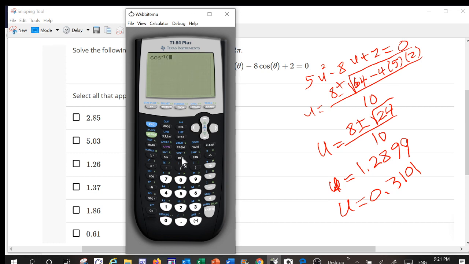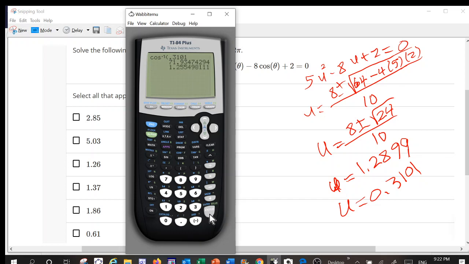So cosine inverse of 1.2899, that can't be, that's greater than 1, so we have to use only the other one. Cosine inverse of 0.3101 is going to be 71 point something degrees, so we know where it is. So let's change to radians now and do the same thing.